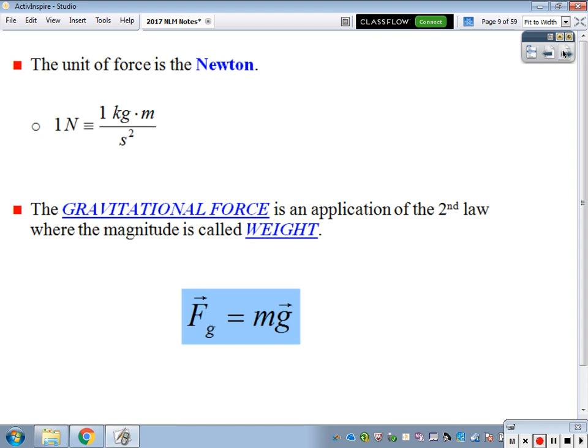If the only thing we have is the acceleration due to gravity acting on the mass of an object, that's going to help us provide what that object's weight is going to be. So this is purely a function of Newton's second law. So when we go to find an object's weight, of which we'll be doing very soon, we will use an application of second law. But again, just drawing attention to the fact, we have the gravitational force, or the object's weight, and we have the acceleration due to gravity.